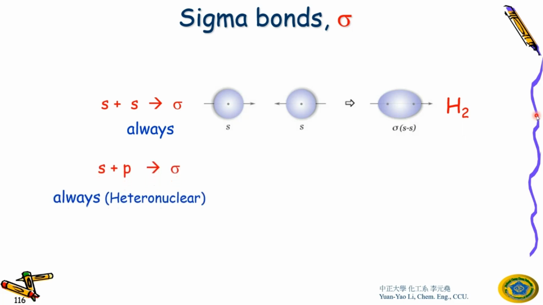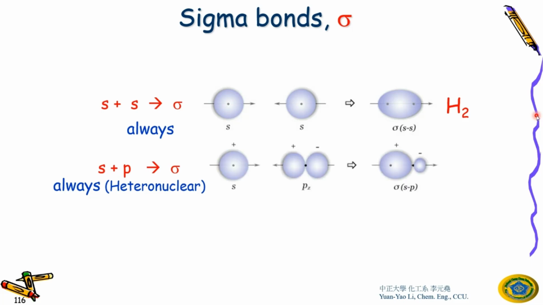How about an sp sigma bond? If you have an s orbital and a p orbital forming a bond, this is always a sigma bond. The example is because they smear axially, right? So this s and pz become like this.